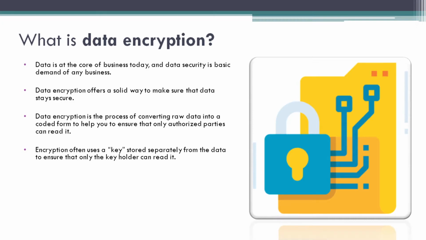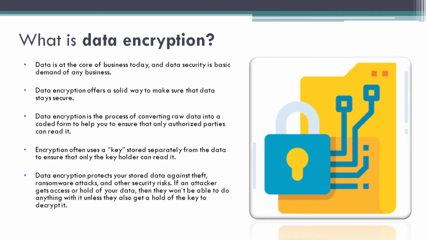If you keep both together, anybody who gets access to your data will get the key and can decrypt the data, and your data can be leaked. So you have to store your key separately from the data. You have to choose a more secure way to store your key.